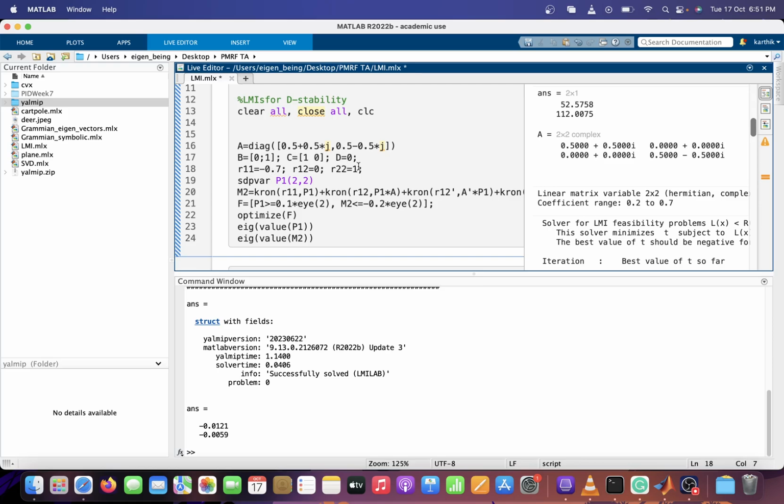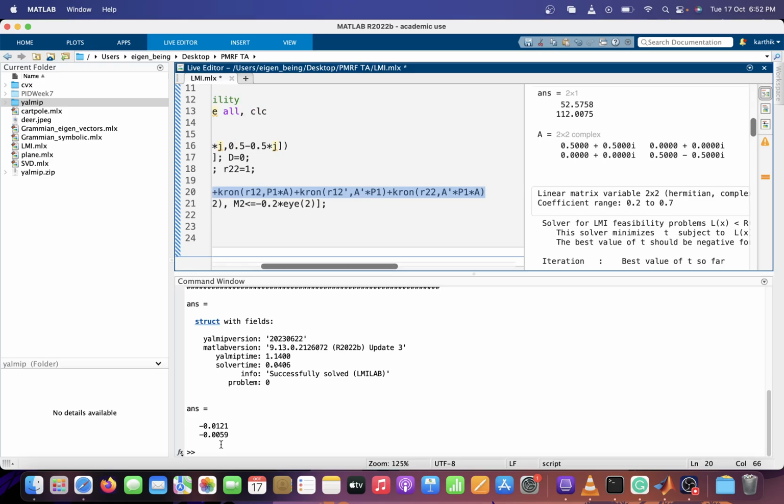Which means I have a circle centered at the origin with radius square root of 0.7. So I define the Kronecker and things like that using this.